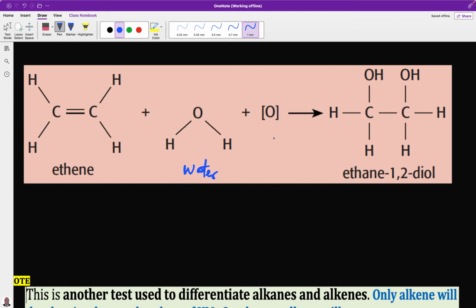This is oxygen provided by the oxidizing agent. Initially, this reaction mixture is purple.